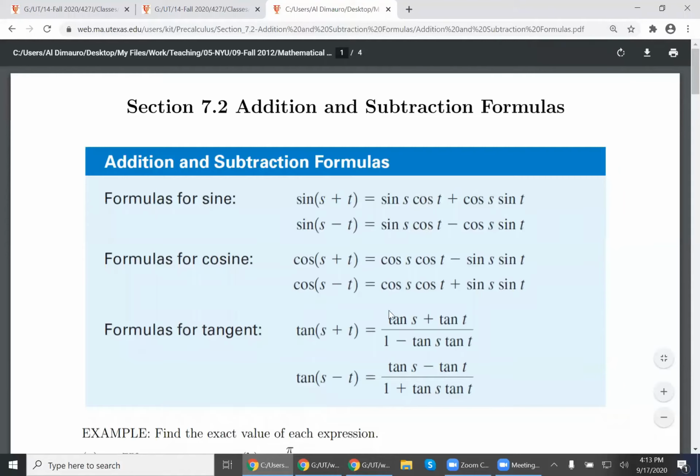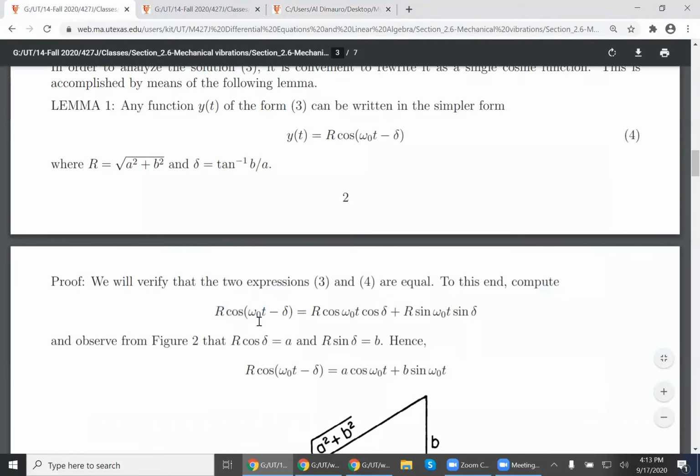Please take a look at this formula. Cosine of s minus t is cosine times cosine plus sine times sine. In our case, s is this, t is this. We apply the formula, the result follows.